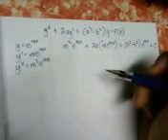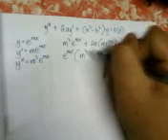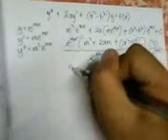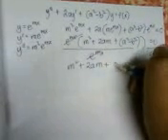So we factor out e raised to mx, so we have m squared plus 2a times m plus the quantity a squared minus b squared is equal to 0. Dividing both sides by e raised to mx, we have m squared plus 2a times m plus the quantity a squared minus b squared is equal to 0.